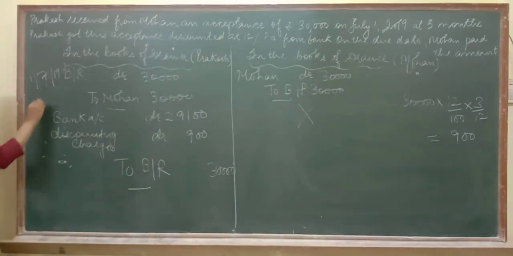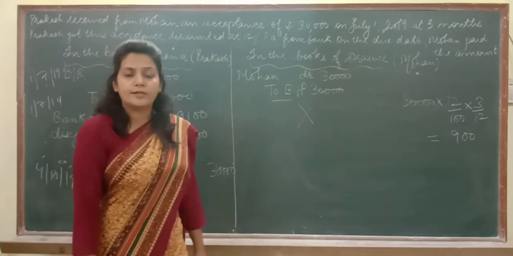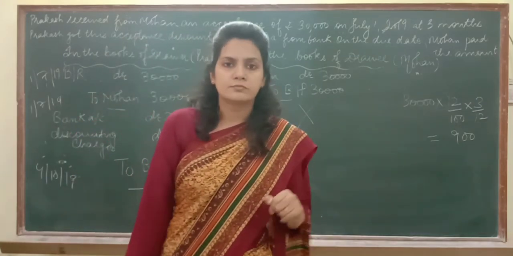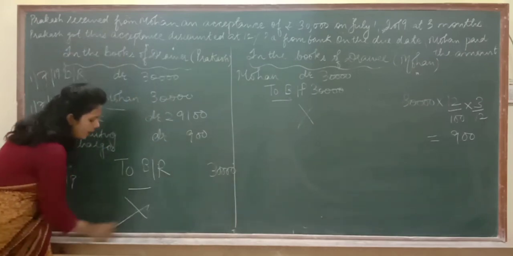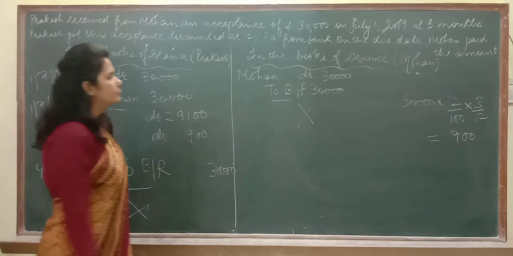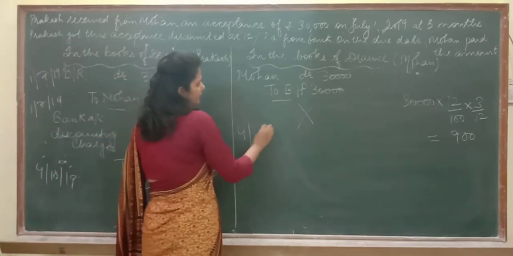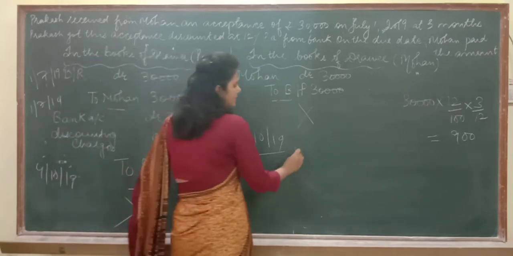Now, on 4th October, what will happen? Obviously, Mohan will make the payment, but to whom will Mohan make the payment? To the bank, not to Prakash. So no entry will be passed in the books of Prakash. Clear? Now, on 4th of October, Mohan is going to pass the entry. He is going to make the payment of this bills payable.